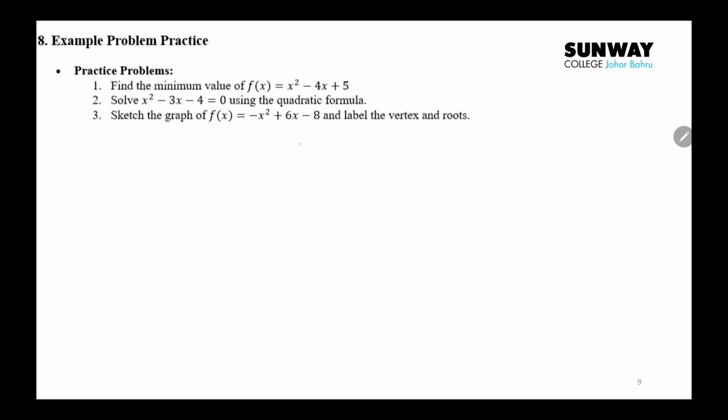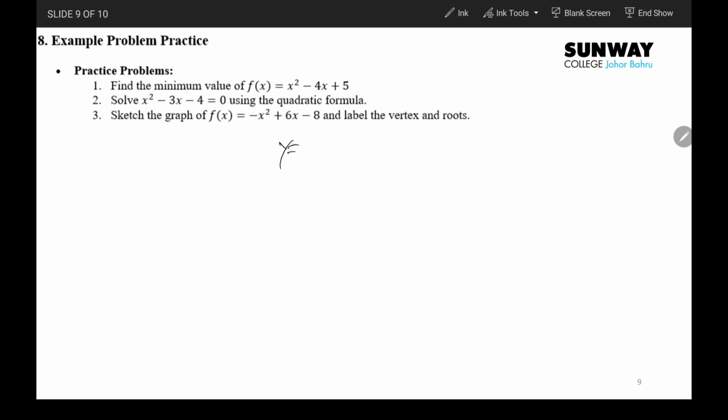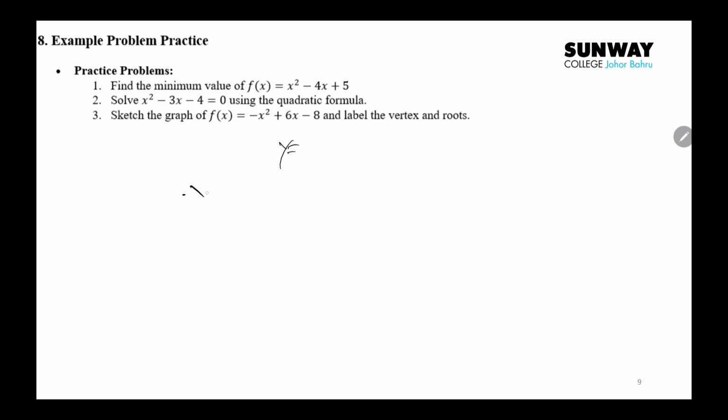In order to get the graph of these particular equations, we have to determine three things. Number one is the x-intercept, the y-intercept, as well as the turning point. So y equals negative x squared plus 6x minus 8.